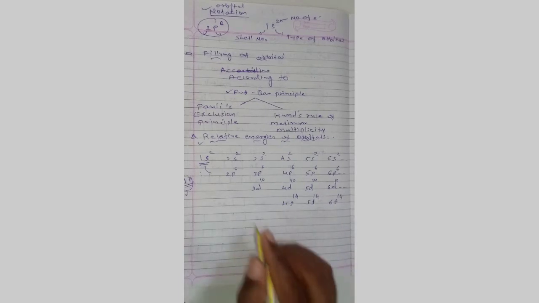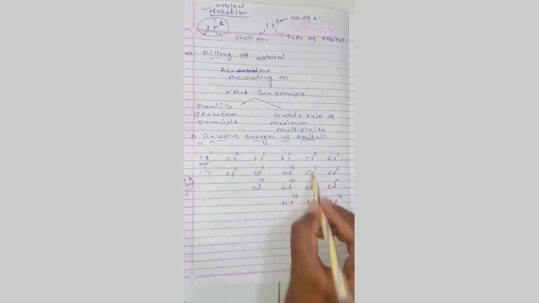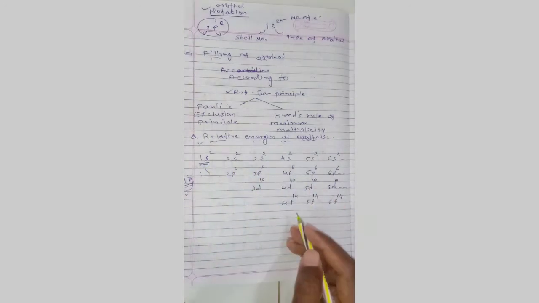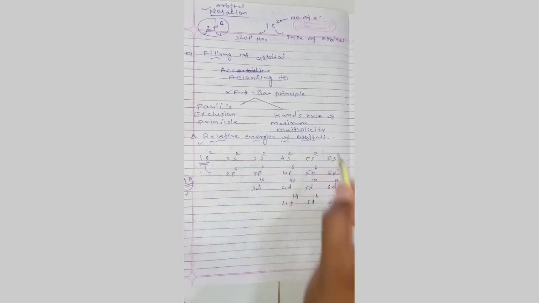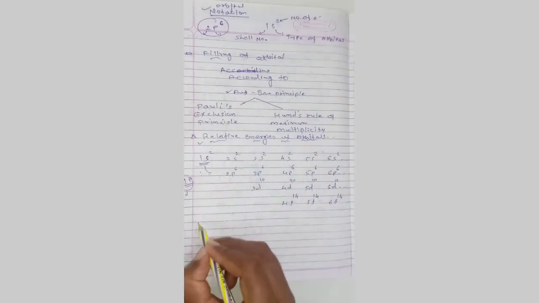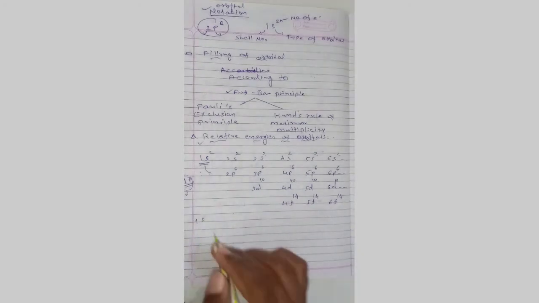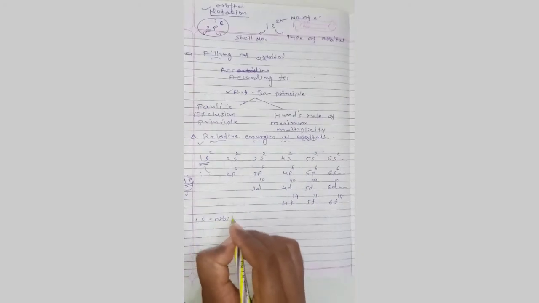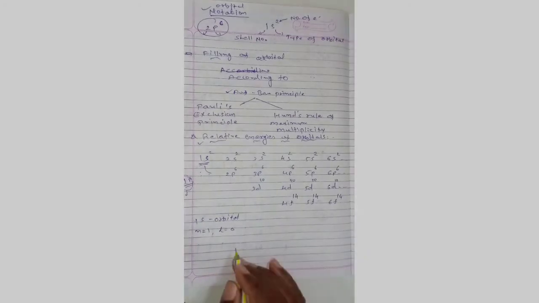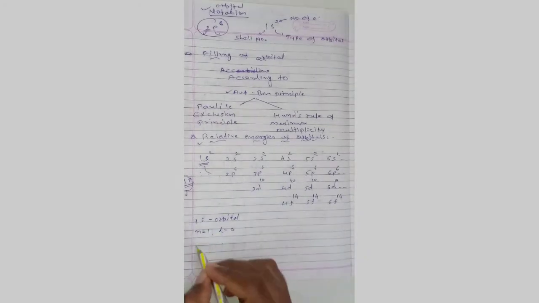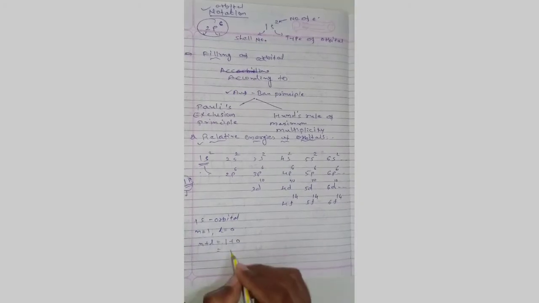Okay, so we have number of orbitals here, so we have to calculate their relative energies. Okay, let's see for 1s orbital. Here for n equal to 1 and l equal to 0 for 1s orbital, so n plus l equal to 1 plus 0, and its value is n plus l.